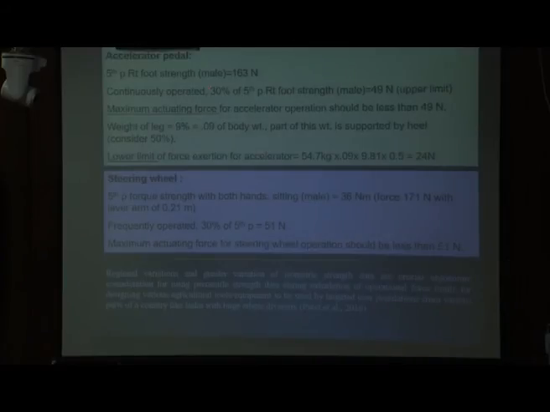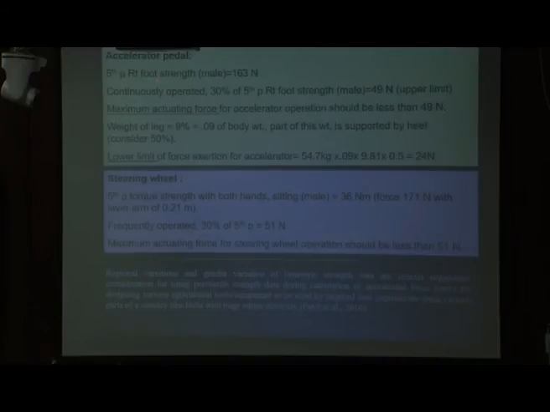Similarly, accelerator pedal, 5th percentile right foot, because the accelerator is operated with the right foot, so that 5th percentile data is 163 Newton. Continuously operated, so we can use 30% of that. In the earlier case you saw that there was 50%, now it is 30%.